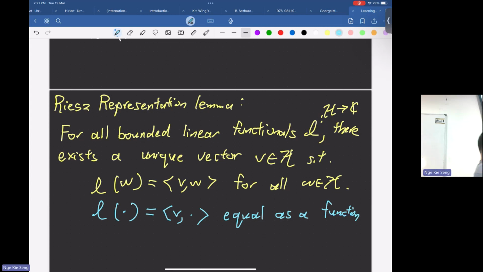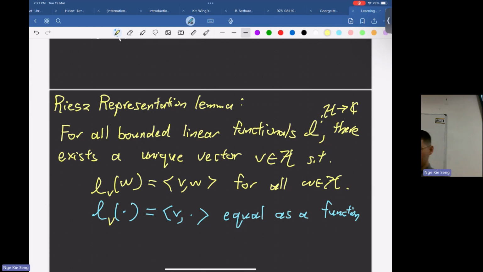Okay, so this defines a map from V to L. Typically we will label this L with a V using a subscript, because for every bounded linear functional you give me, I can attach a unique inner product realized by some vector in the Hilbert space.